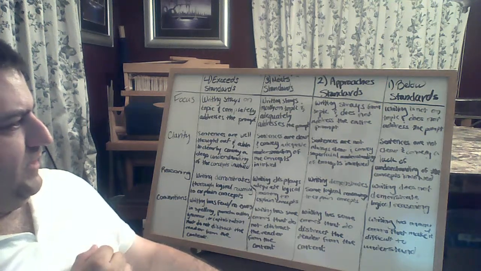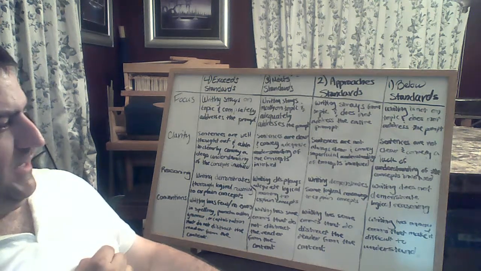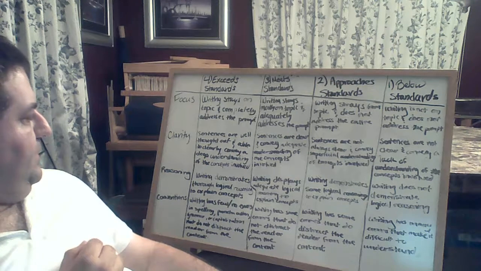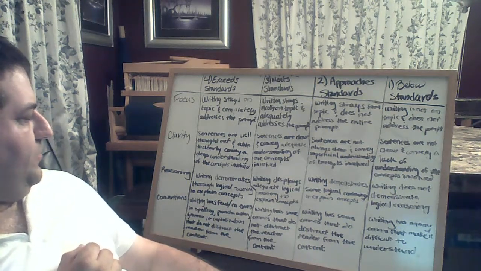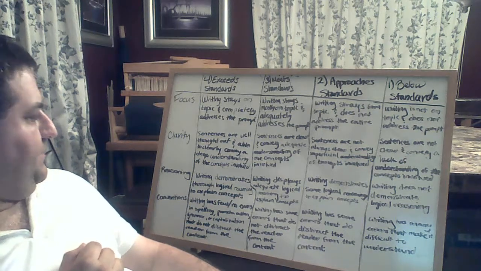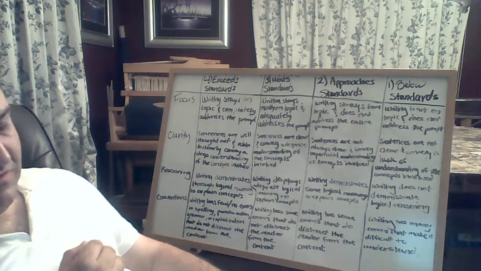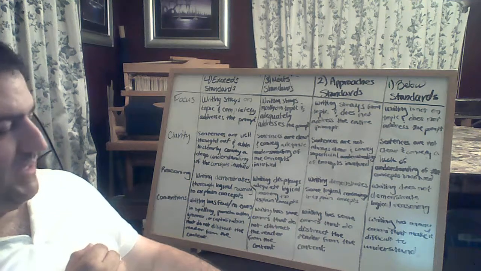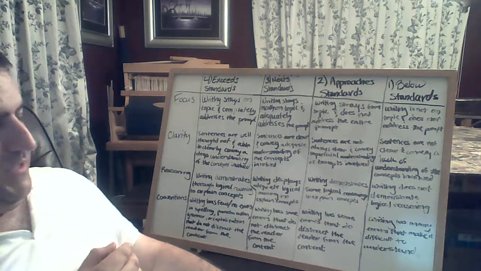And then a 1 would be sentences are not clear and convey a lack of understanding of the concepts involved. For reasoning, a 4 would be writing demonstrates thorough logical reasoning to explain the concepts. A 3 gets you to have adequate logical reasoning. A 2 demonstrates some logical reasoning, whereas a 1 doesn't demonstrate any at all.